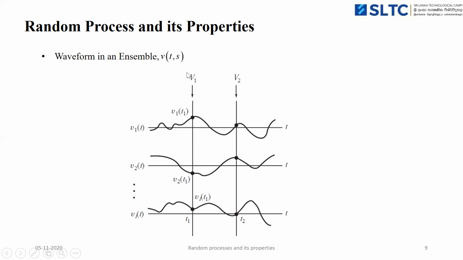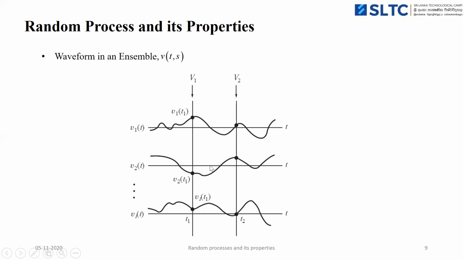It's a random variable. Similarly, at a time t2, we get the value of the sample function V1 of t, defined by V2. So V1, V2 are called random variables of the sample function V1 of t.